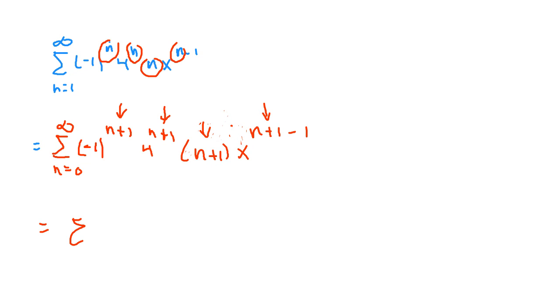And so that's going to get me this series. And the reason I have to do that is because the first series here starts at n equals 1. So you have negative 1 to the first power, right? I want to say this the right way.